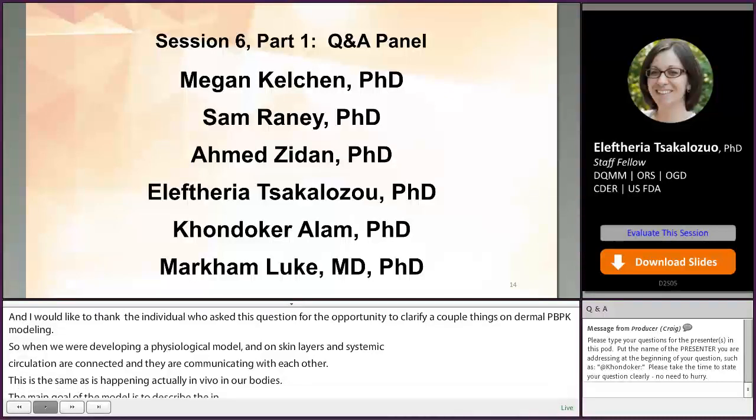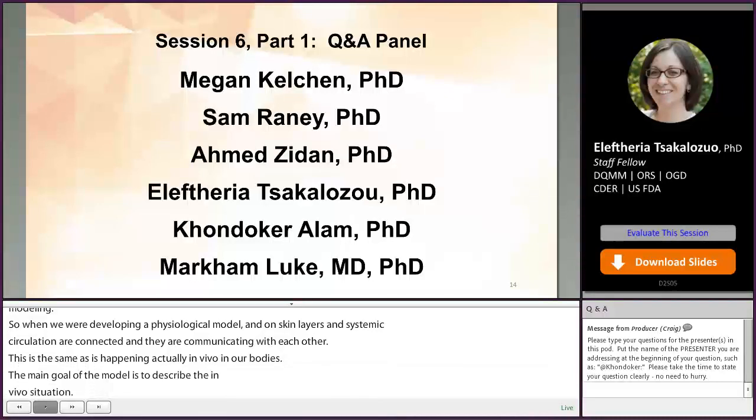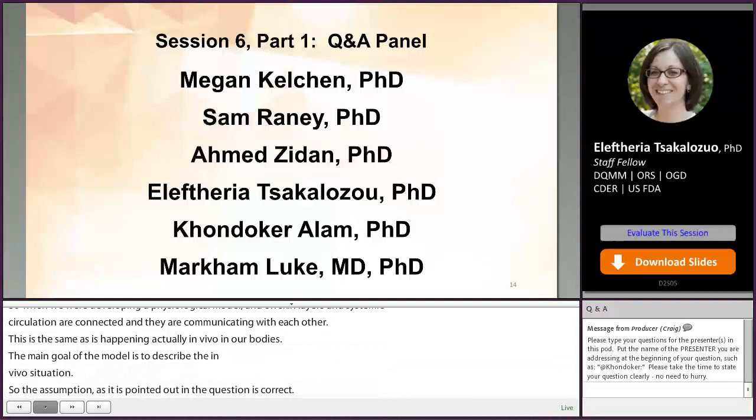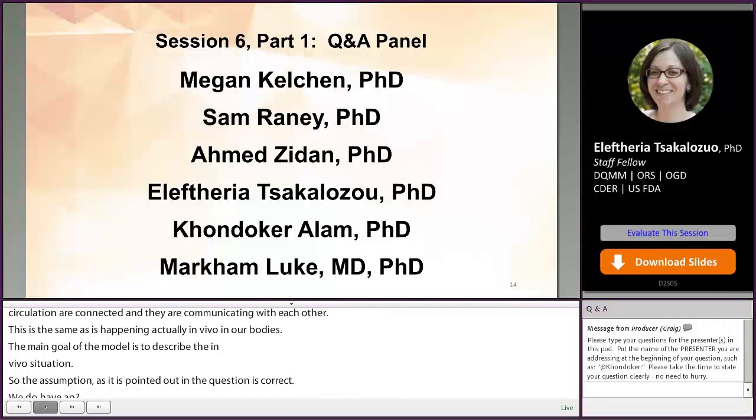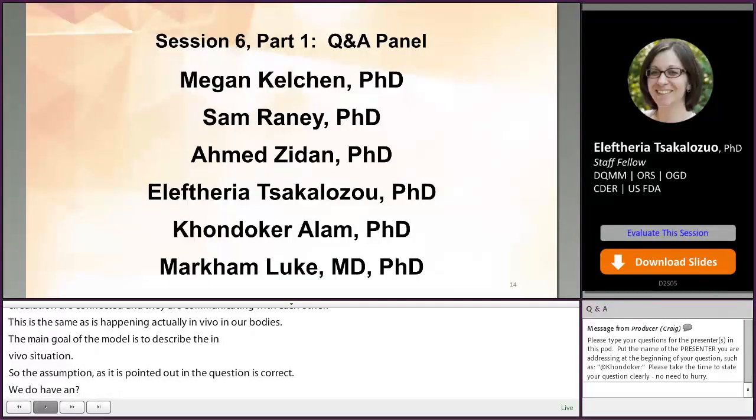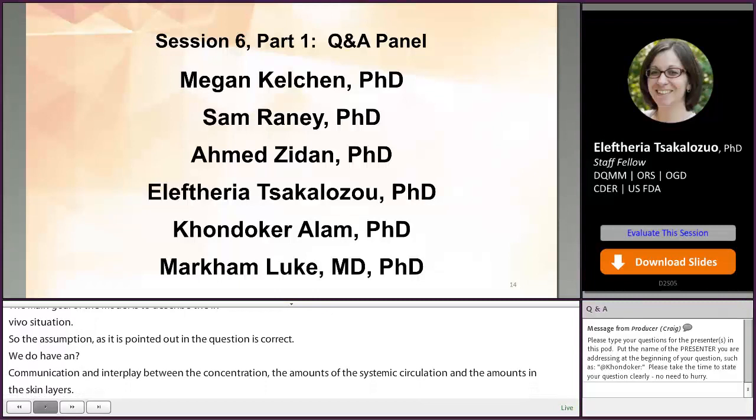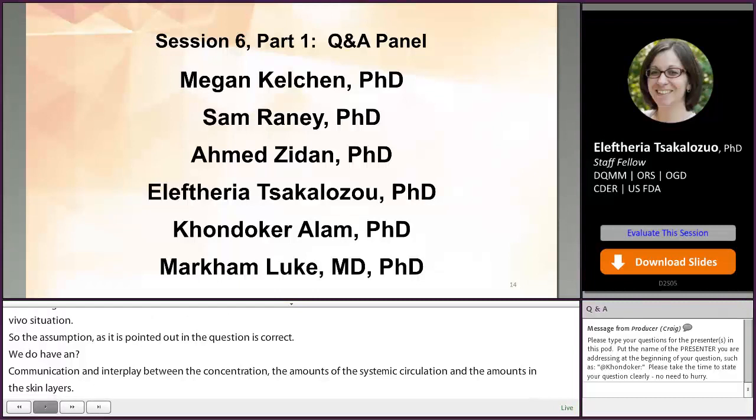We do have a communication and interplay between the concentration, the amounts of the API in the systemic circulation and the amounts in the skin layers. In my introduction, I said that these two amounts of the API may not always reflect amounts in the systemic circulation.